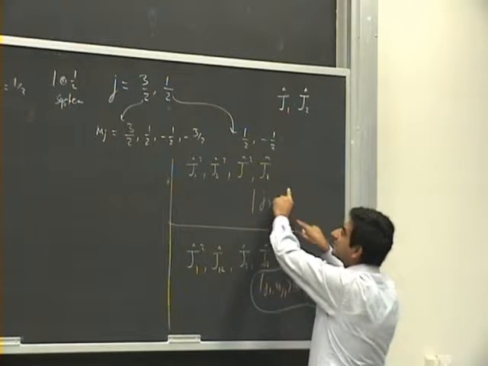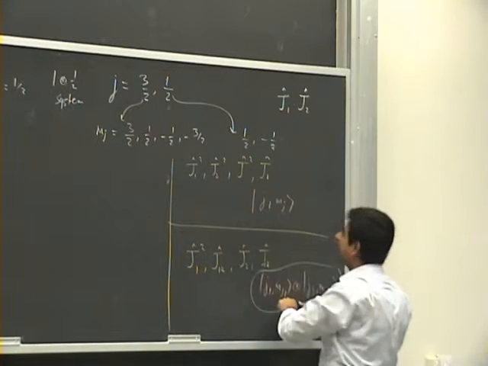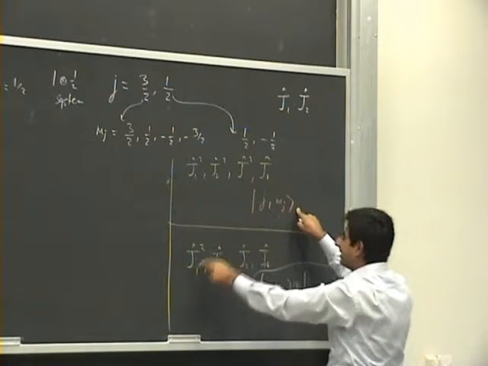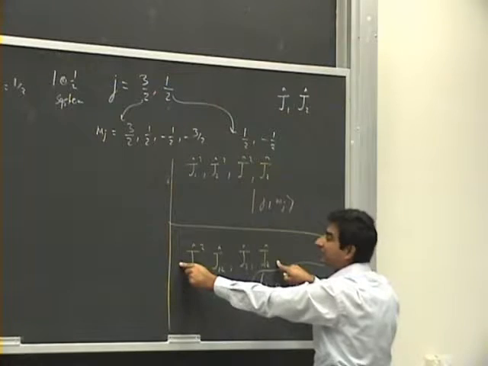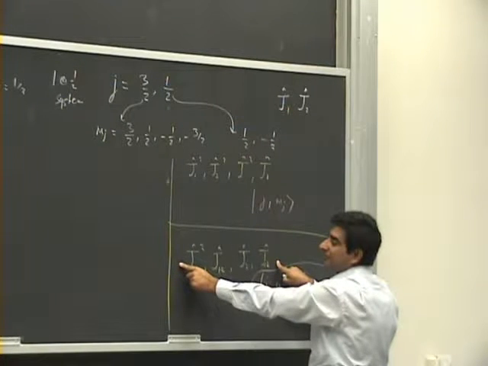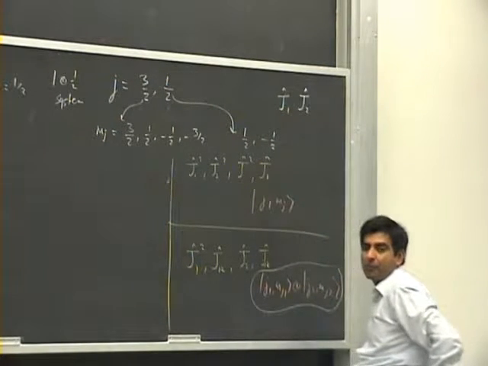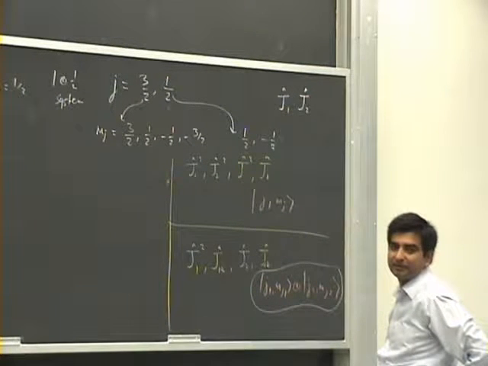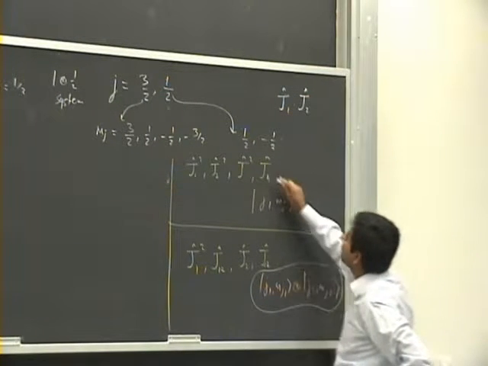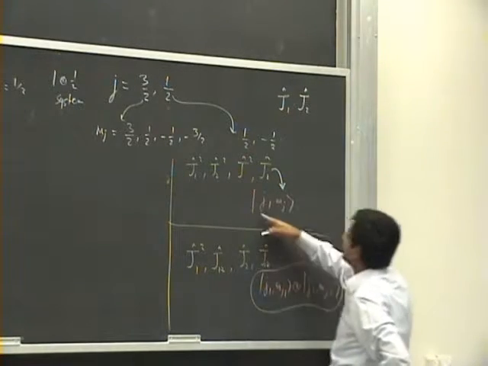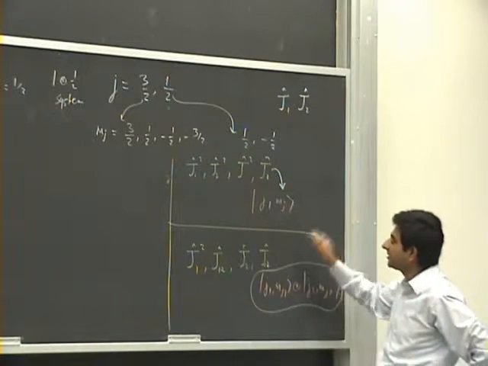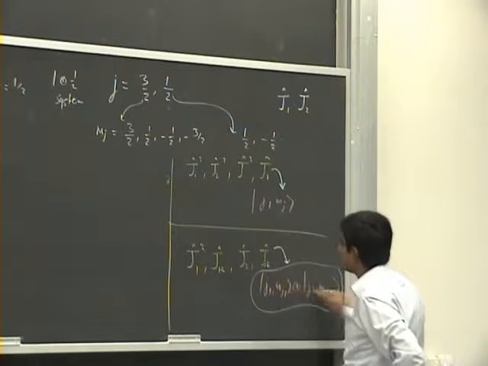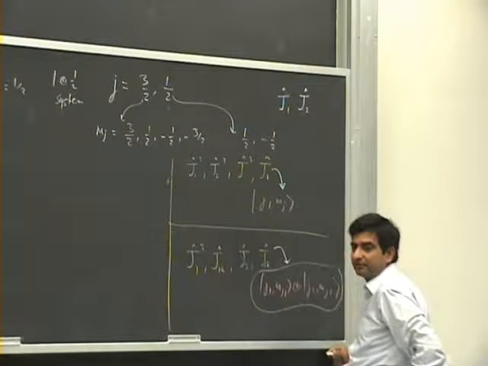So these states are not eigenstates of this set of observables. Okay, is the point clear? So if I have this commuting set of observables, the eigenstates are given by J and Mj, they are coupled states, and if I have these sets of observables, the eigenstates are given by the direct product states.